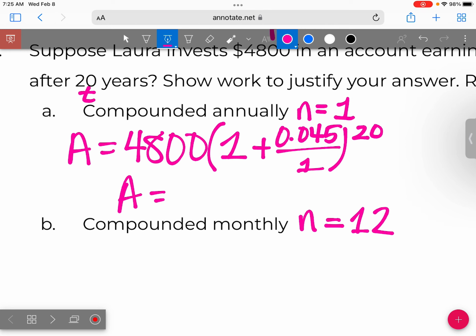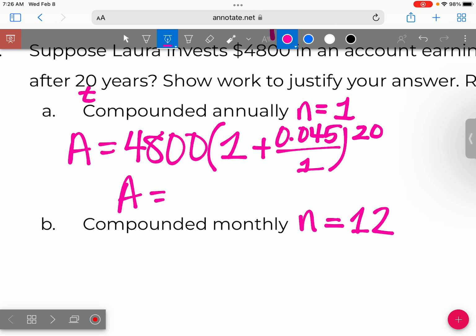What do you get for the first one? We'll plug in our calculator. If you don't have a calculator yet, you should go grab one.